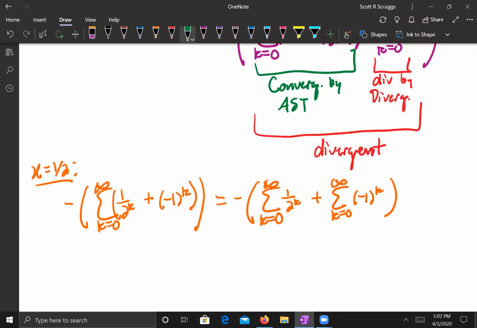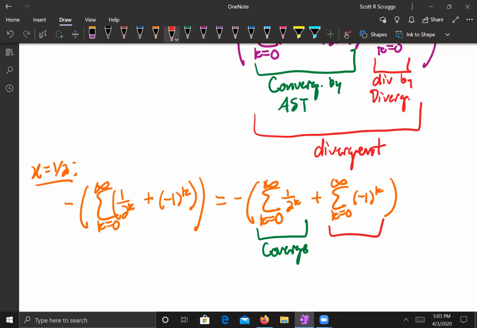Let's get into practice of things. All right, first series. That's a geometric series with r less than 1, so that's going to converge. And we already talked about the second one.